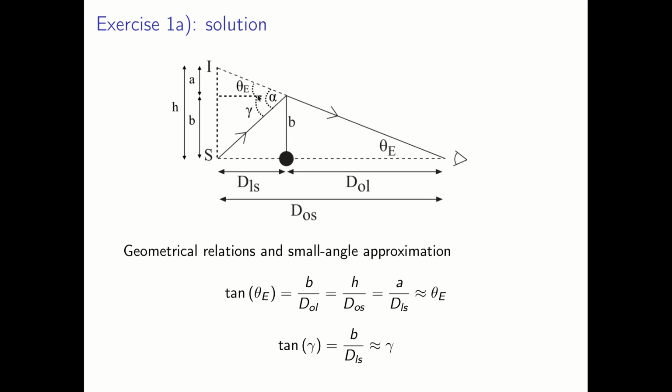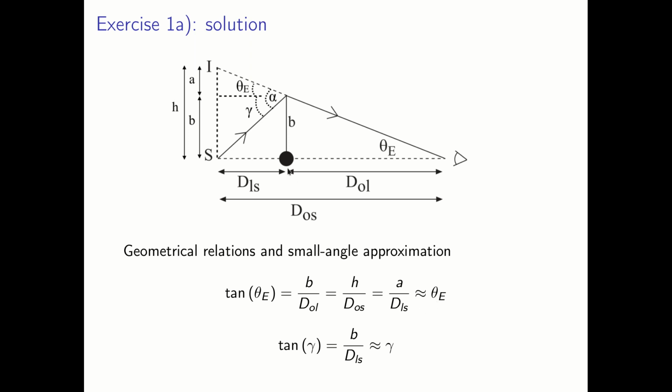But we also have this other triangle, so we can define it as A over DLS, but also we can define it as H over DOS. And this leads to this first chain of equalities. Since small angle approximations are valid, the tangent of theta E can be approximated with the angle itself.